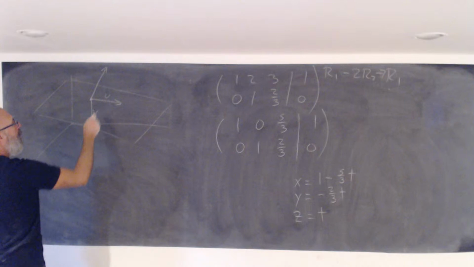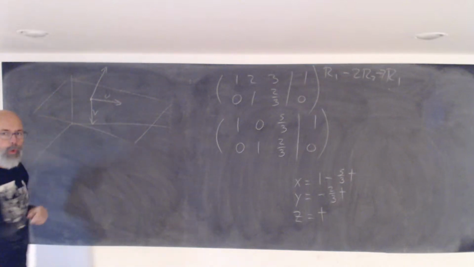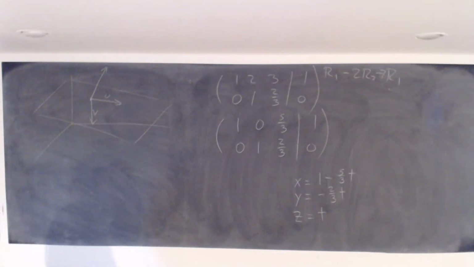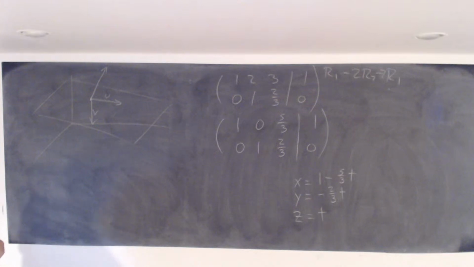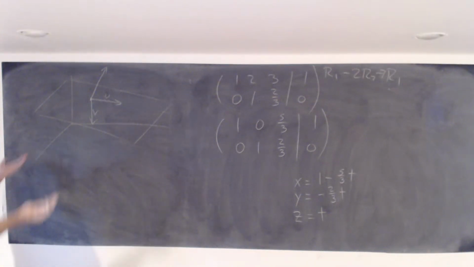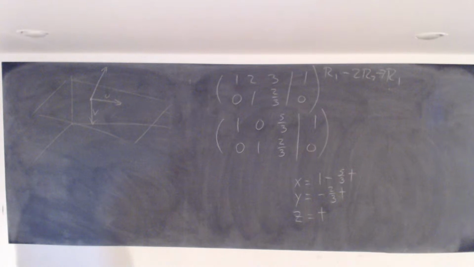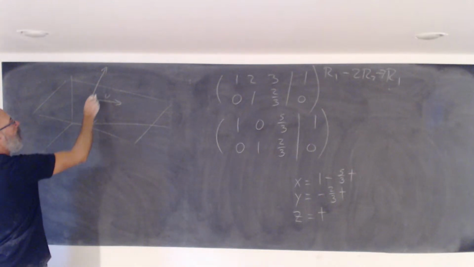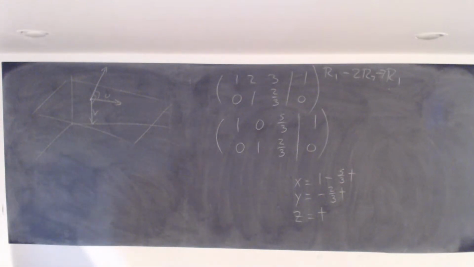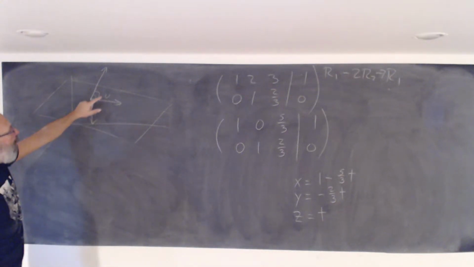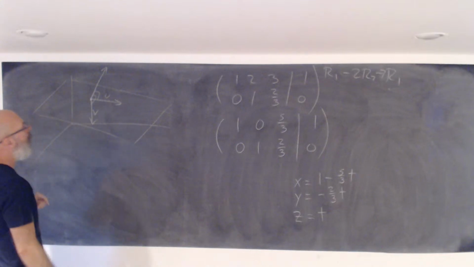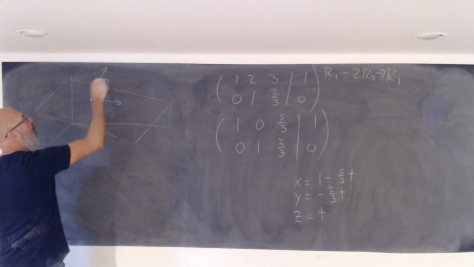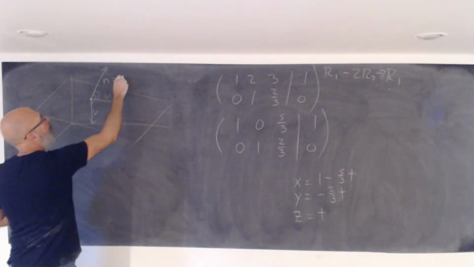If you have u and v, there's essentially just one vector which is orthogonal to both, namely the cross product. Of course, multiples of this will also be orthogonal to both, but it's just multiples of the same vector. So we're going to describe not the two vectors that live on the plane, but rather the one that is orthogonal to both, and we're going to call that the normal.